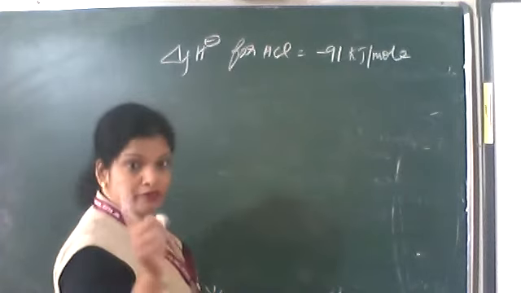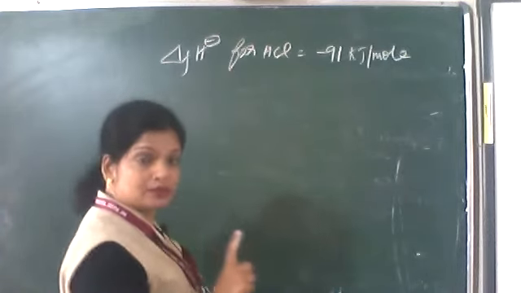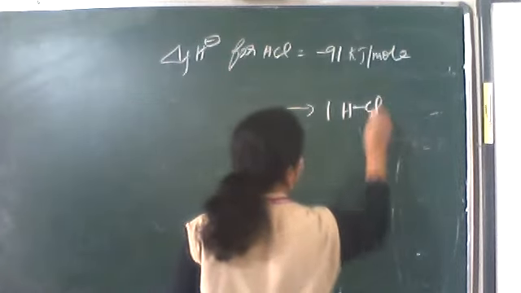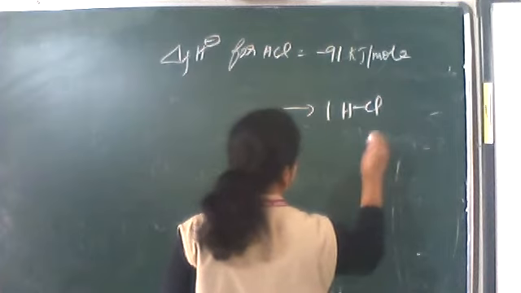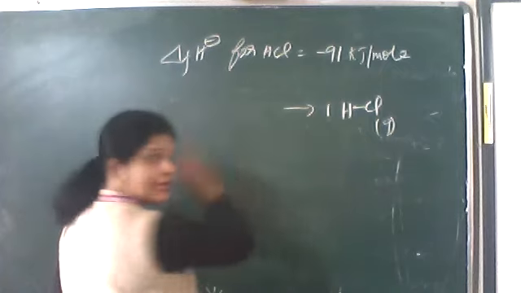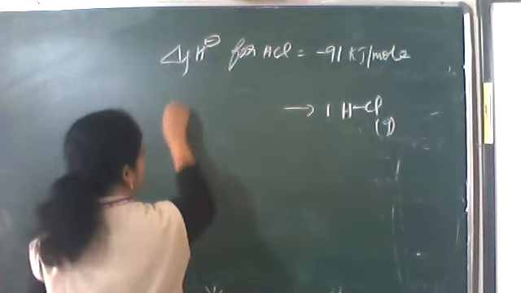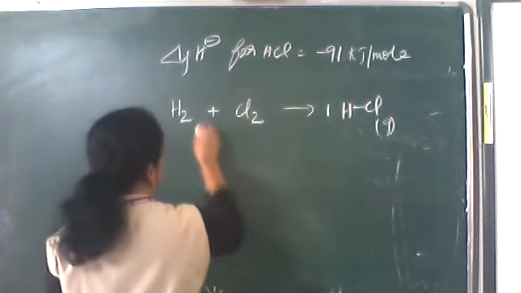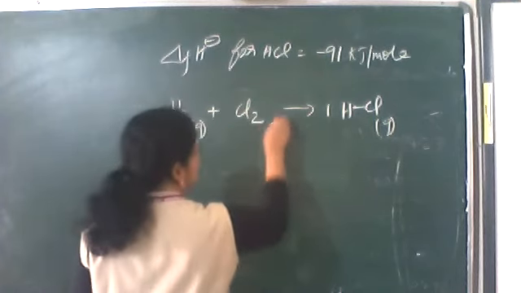That means 1 mole of HCl is formed from its constituent elements in their most stable state, that is H2 plus Cl2.